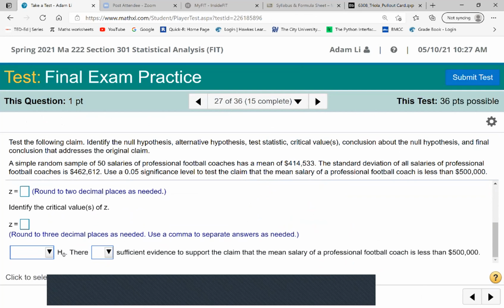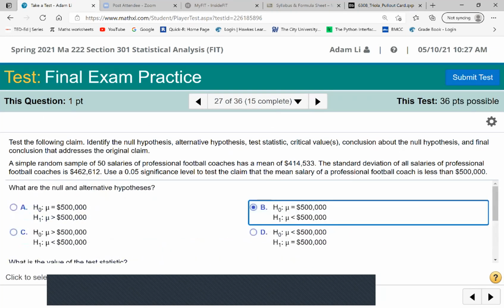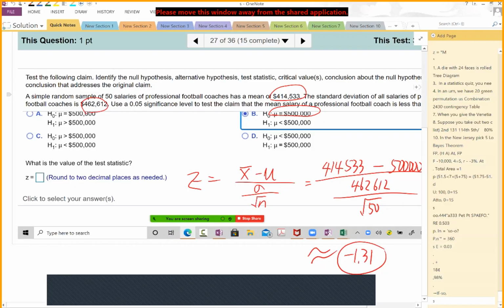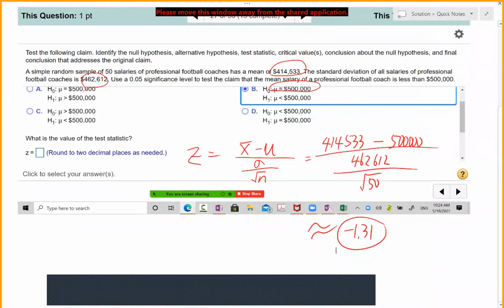Then let's identify the critical value of the z-score and whether to reject. This is one tail, and we call it the left tail, because mu is less than 500,000. So let's draw the bell curve and identify this critical z-score.